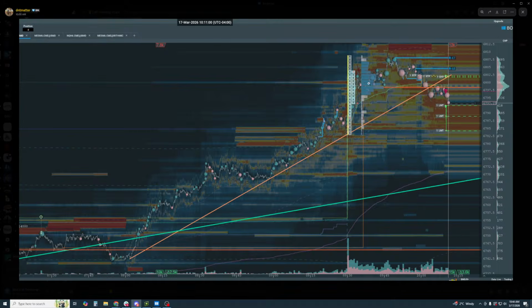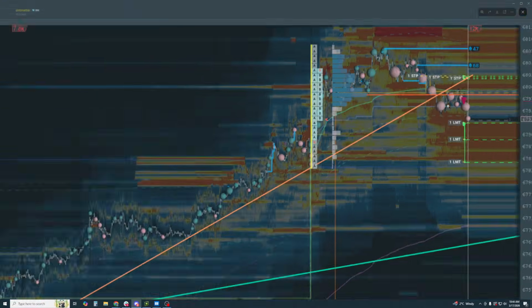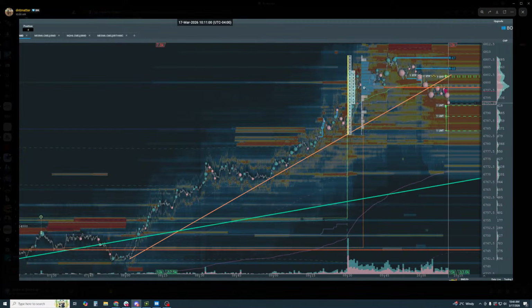For me, it's kind of hard to see the volume dots in here on the green. On this side of the red ones I can see really clearly, and it's kind of covered by the profile.